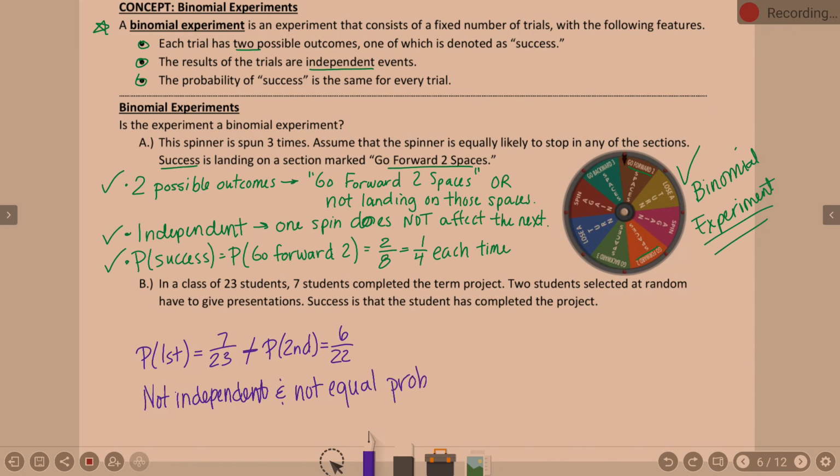So for that reason, it's not a binomial experiment. Now, what I did not write up here, were there 2 outcomes on this one? There were. I skipped over that in my hurry. You would always want to check that first.